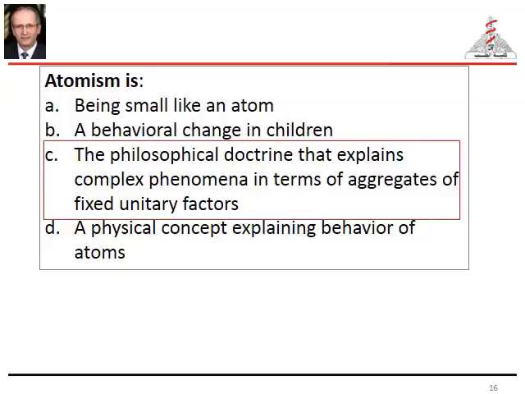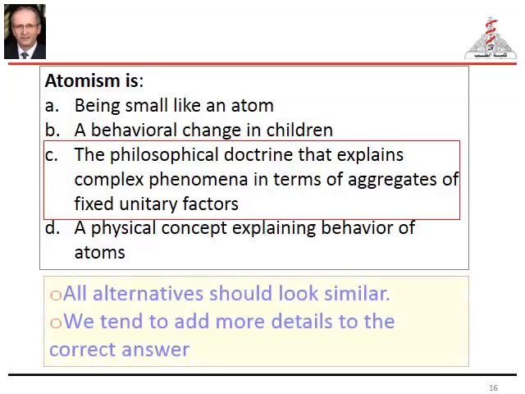Yes, it's number C. It's very obvious. It is written in great detail. And mind you, students know that the long answer is usually the correct answer. The lesson learned? All alternatives should look similar. And be aware that we usually tend to add more details to the correct answer. This always makes it longer.